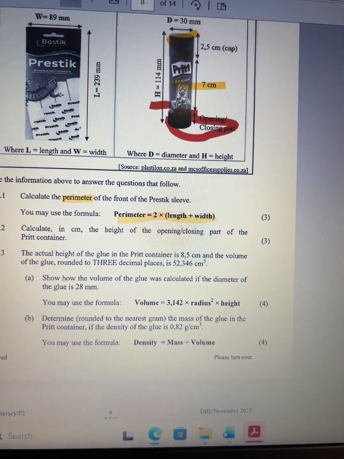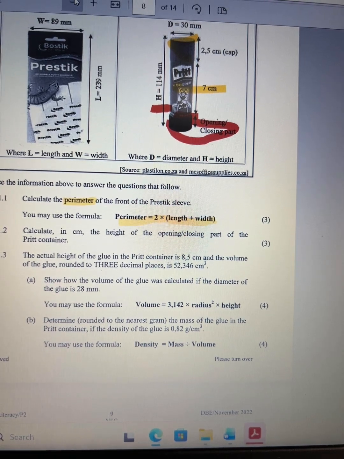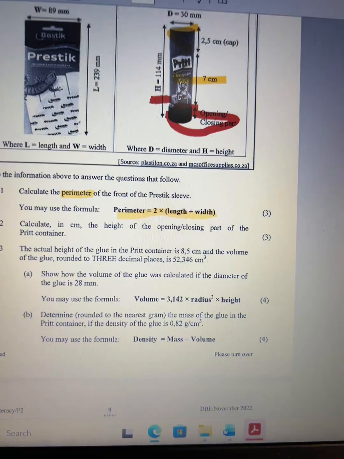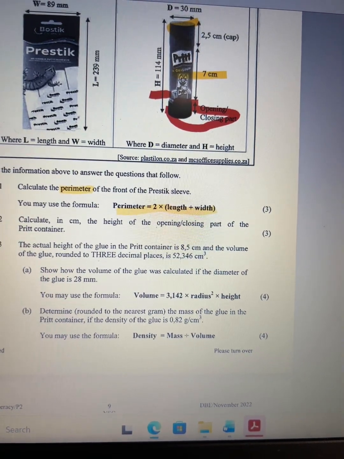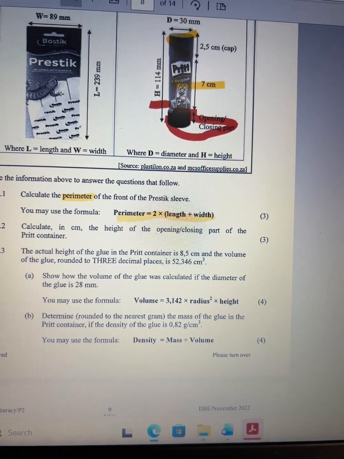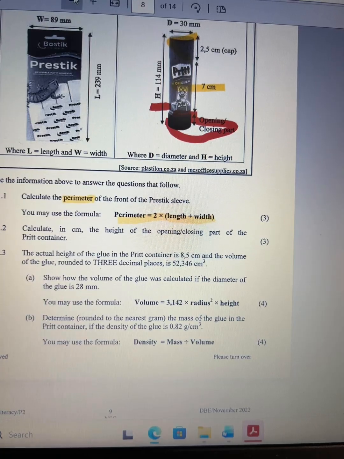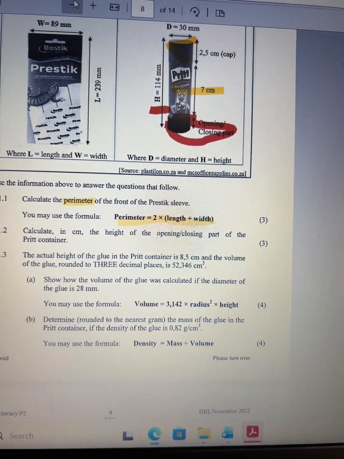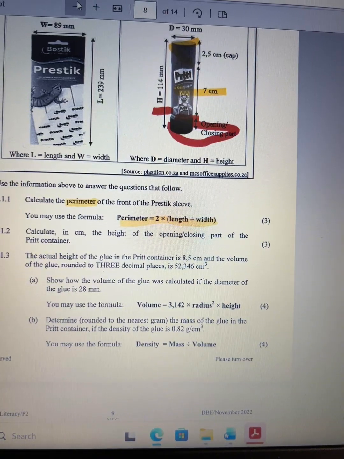They said show how the volume was calculated if the diameter of the glue is 28 millimeter. What we must consider is that our formula does not need us to use the diameter, but it needs us to use the radius.